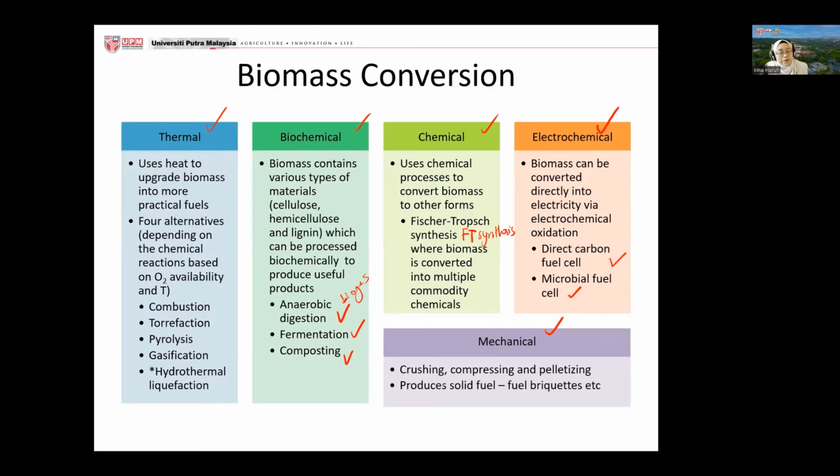Lastly, the mechanical way involves crushing, compressing, and pelletizing. It produces solid fuels, things like fuel briquettes. So those are a summary of these five biomass conversion to energy pathways.